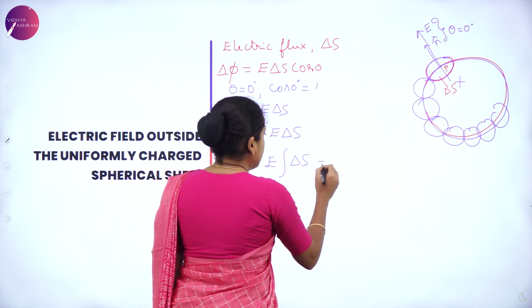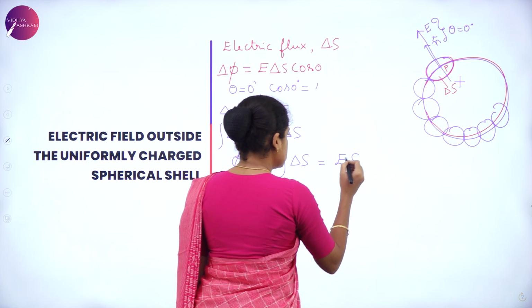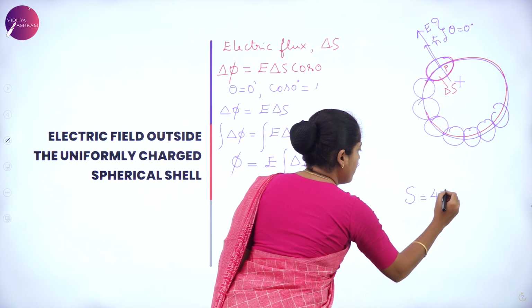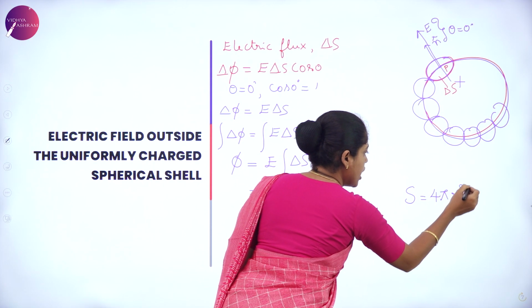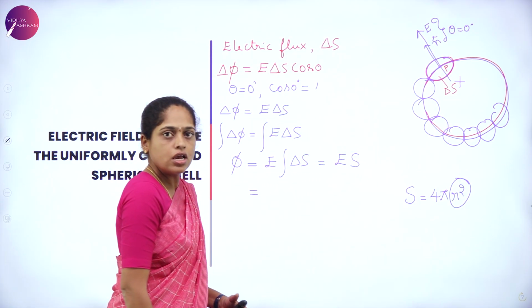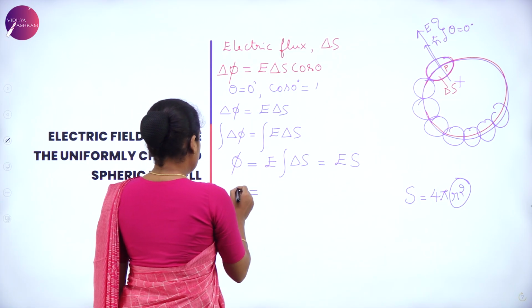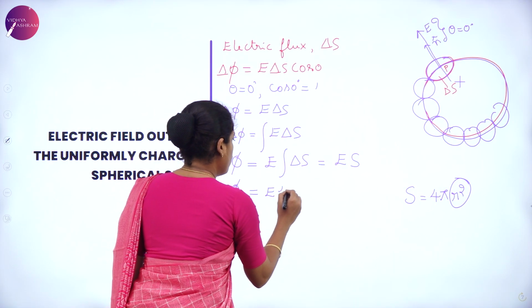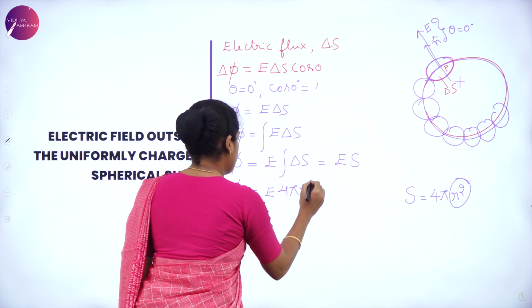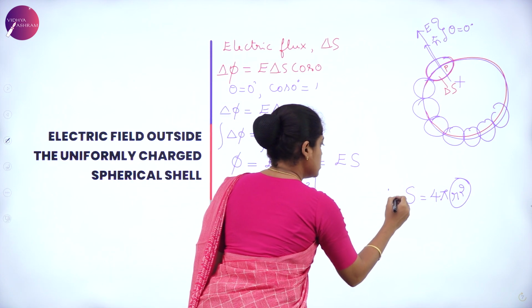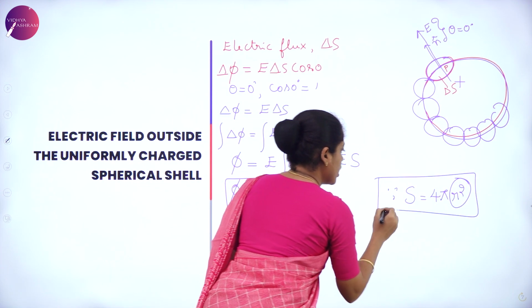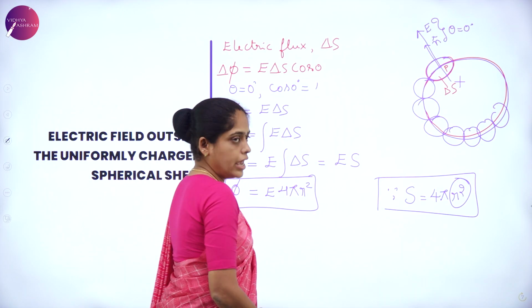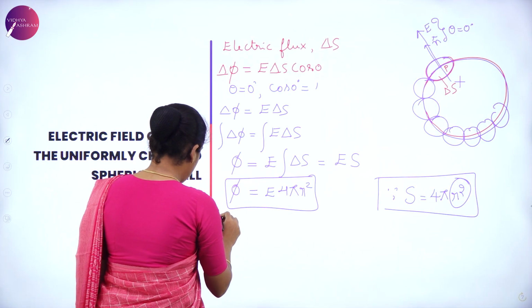The total area S is equal to 4 pi r squared, where r is the radius of the Gaussian surface. So, flux phi is equal to E times 4 pi r squared, because the surface area of the Gaussian surface is 4 pi r squared.